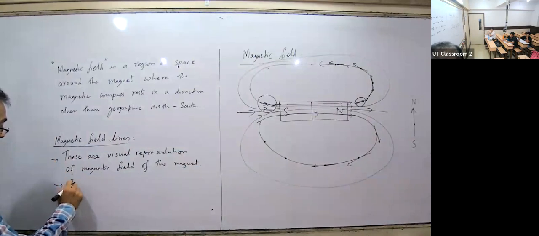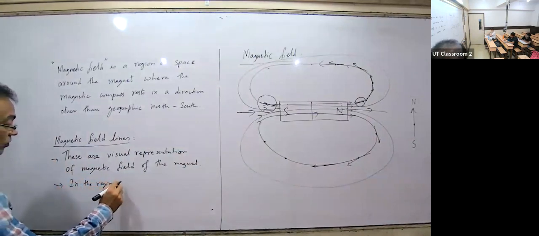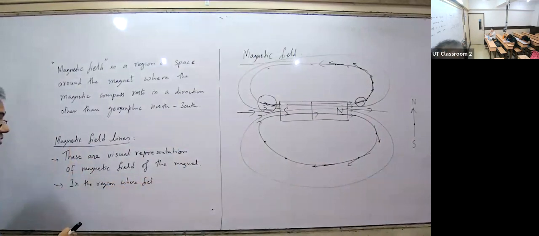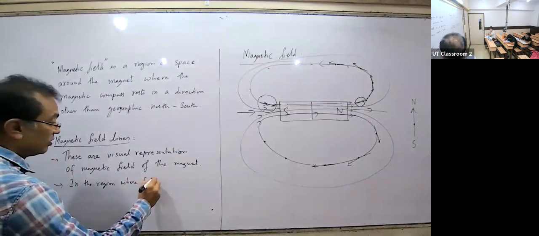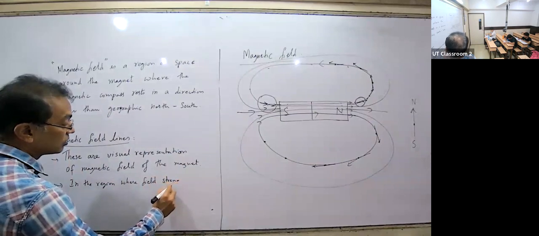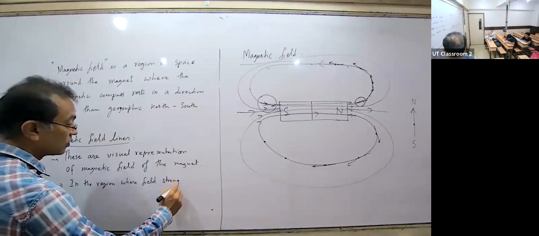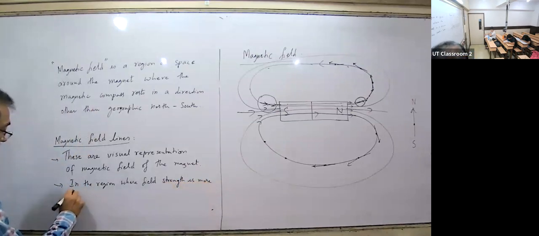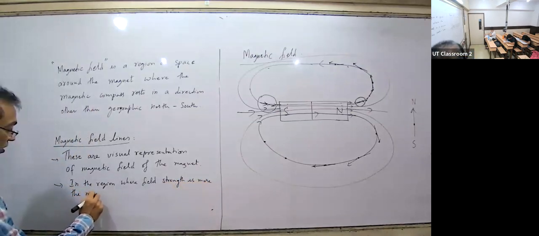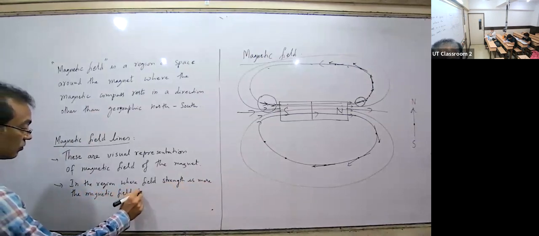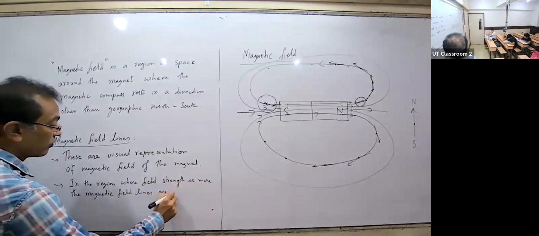In the region where field strength is more, the magnetic field lines are crowded.